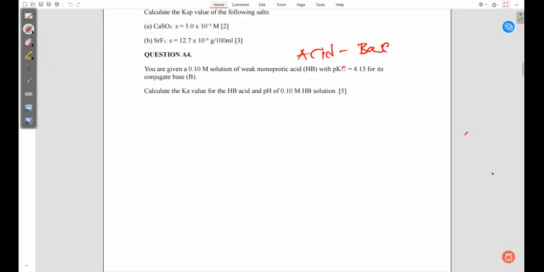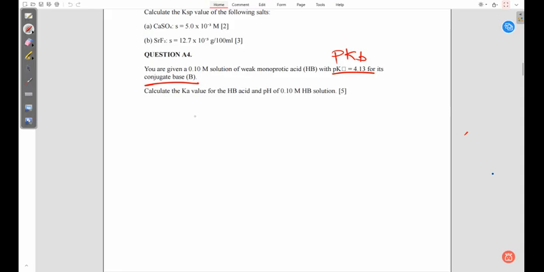You're given a 0.1 molar solution of a weak monoprotic acid with the pK for its conjugate base. Okay, this pK value belongs to the base, so let's call it pKb instead. Sorry for that omission.